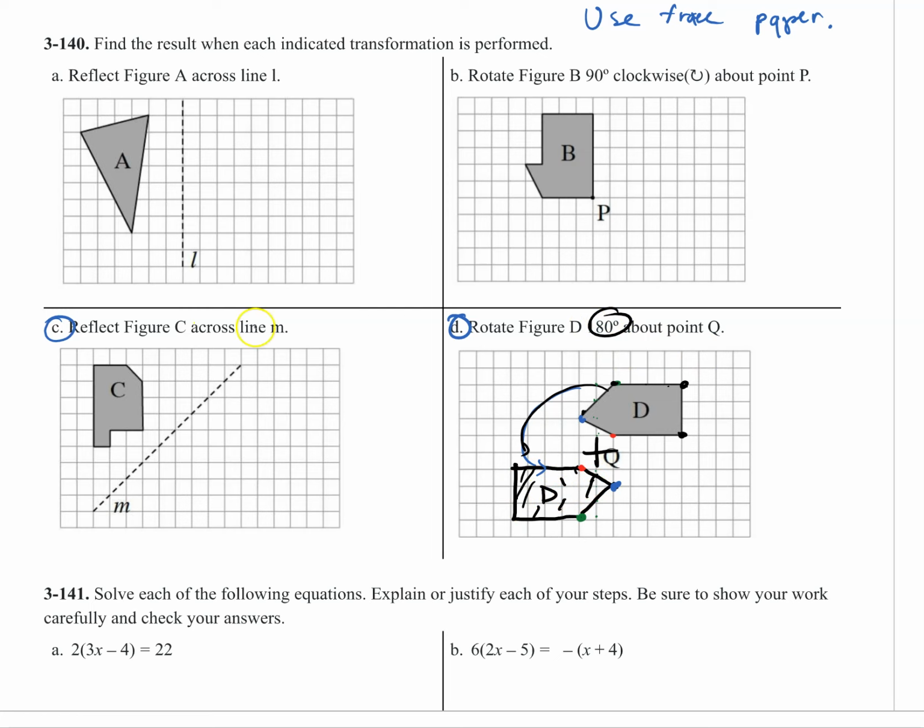Alright, reflect figure C across line M. So now if you have trace paper, you basically just trace this on your trace paper, and then you flip it upside down across this line. Without trace paper, it's a little more difficult. This dot comes here. This dot goes there.